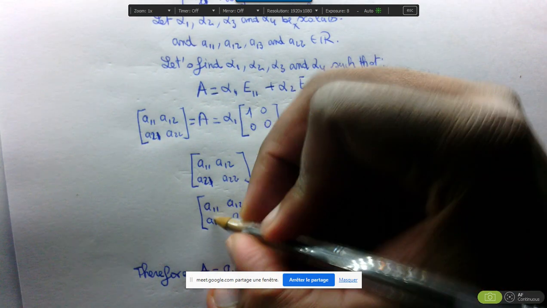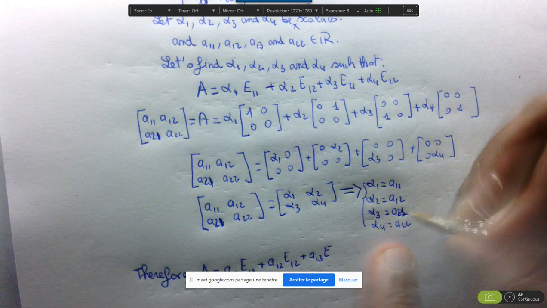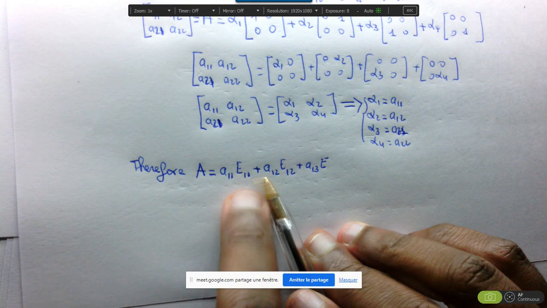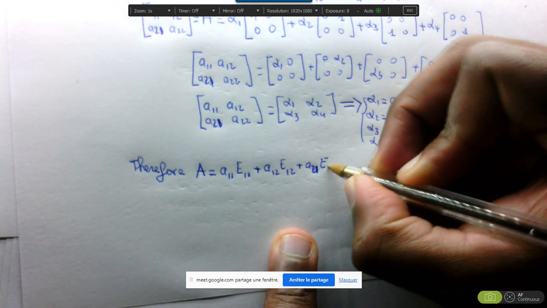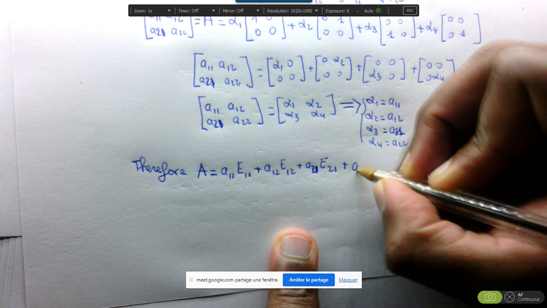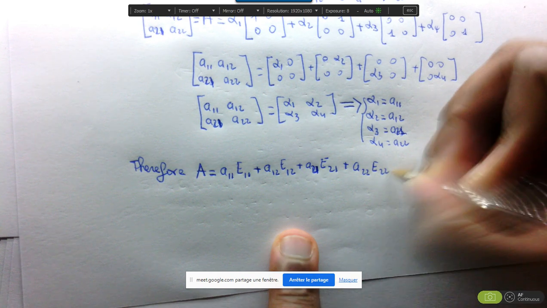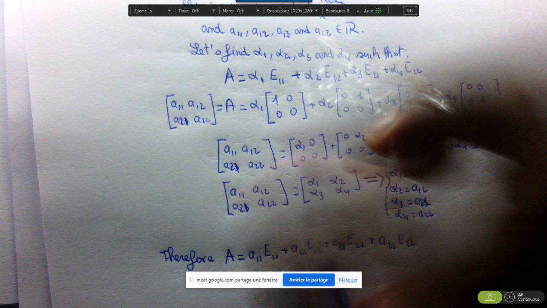So here A11 E11 plus A12 E12 plus A21 E21 plus A22 E22.